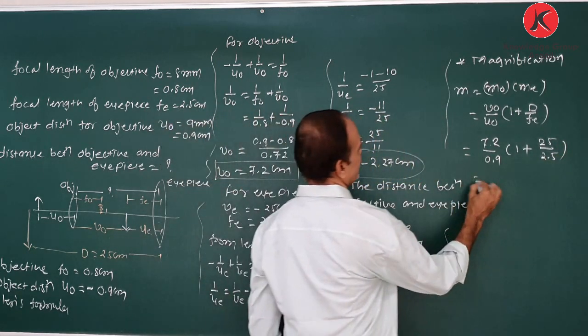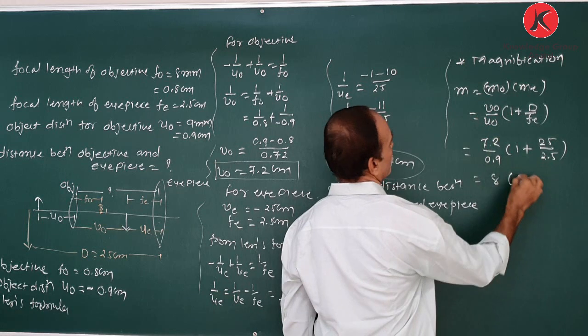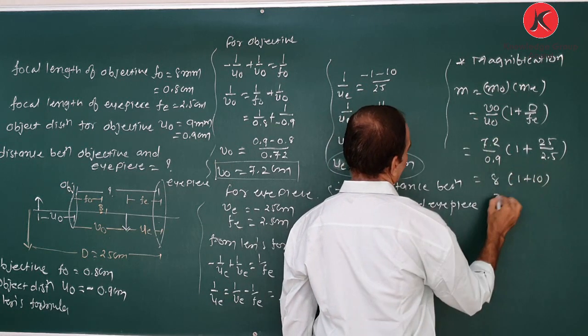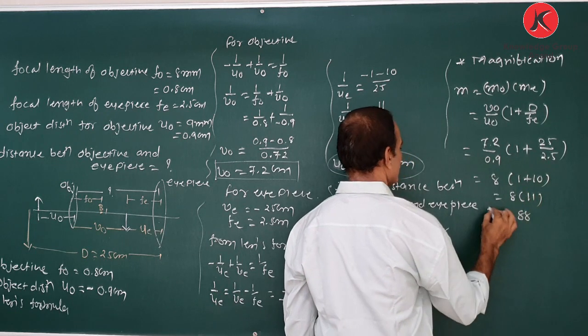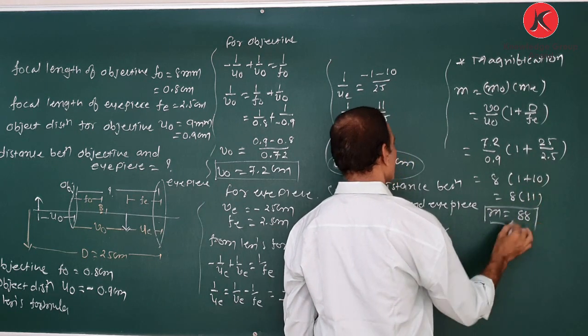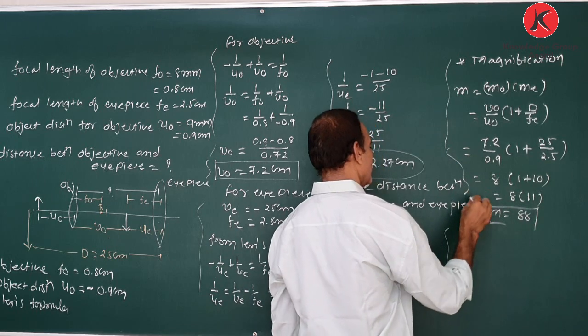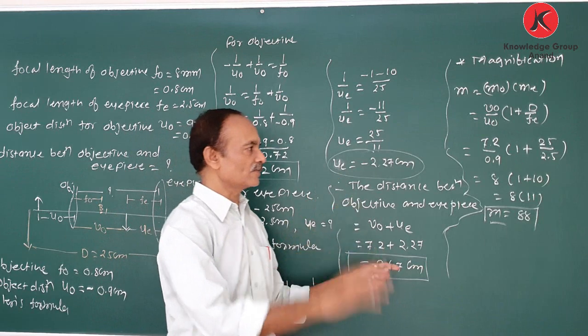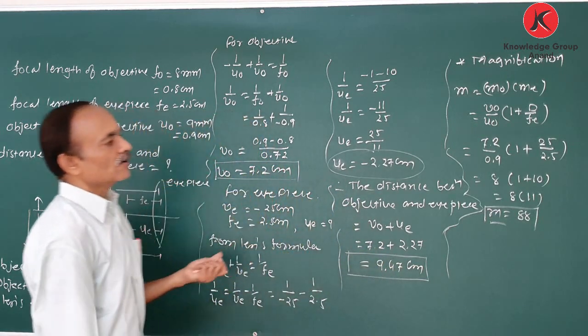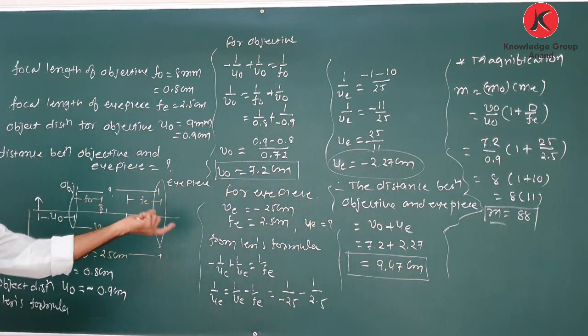So here there is the 8, and 1 plus 10, that means 8 into 11. That means 88 is the magnifying power of the compound microscope. So both numericals are the same, the earlier one and this.